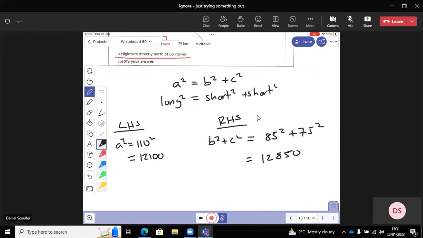It's asking you, is it a right angle? And the answer is no. The left hand side does not equal the right hand side.